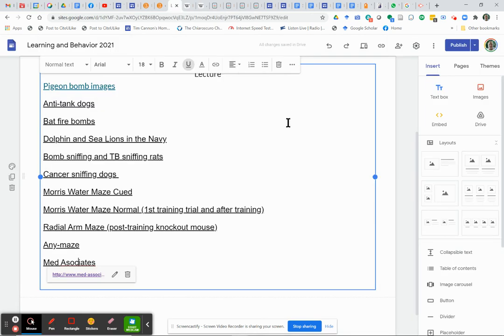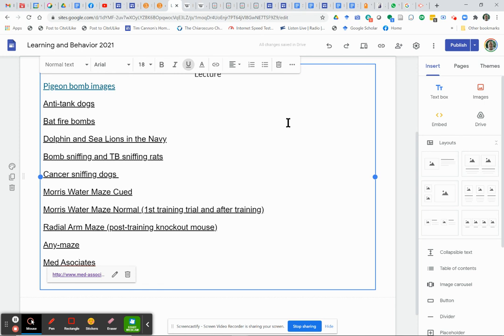Pigeon bombs, anti-tank dogs, fire bombs. I'm really impressed with the bomb sniffing and TB sniffing rats, and possibly cancer and COVID sniffing dogs. And there's Morris water maze, cuter, relatively unusual, but normal is more common.